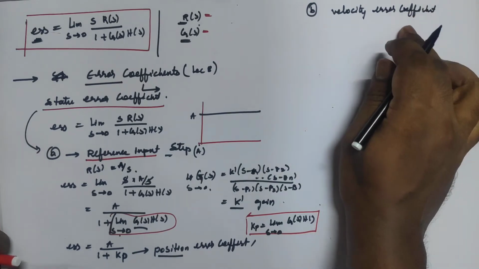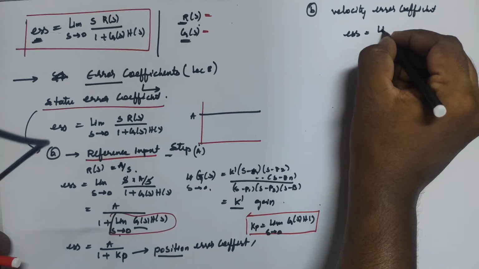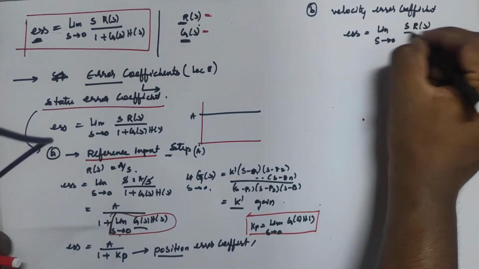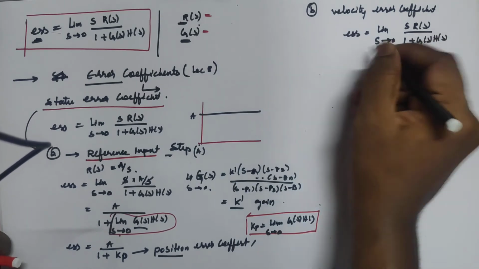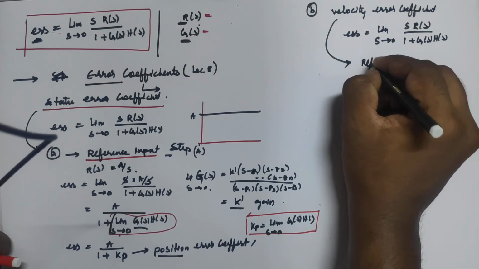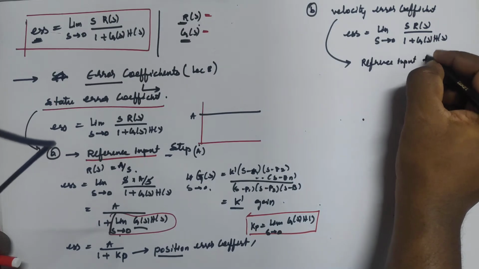In this velocity error coefficient, we have a steady state error equal to limit s tends to 0 of s R(s) by 1 plus G(s)H(s). We know this. This velocity error coefficient comes only when the reference input is a ramp input.